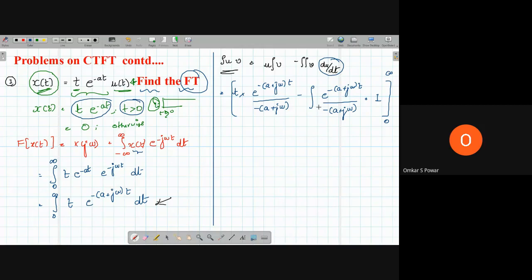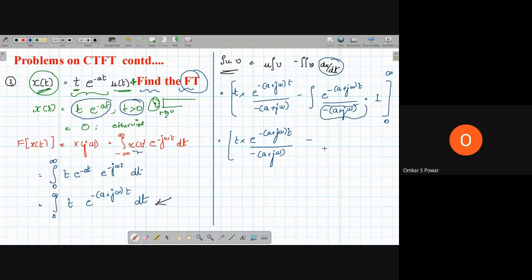Okay. So again I have to simplify this integral term. So let me write it once again. t into e power minus a plus j omega into t divided by minus a plus j omega, minus. The denominator will be as it is because you are integrating with respect to t, and the t term is not there.